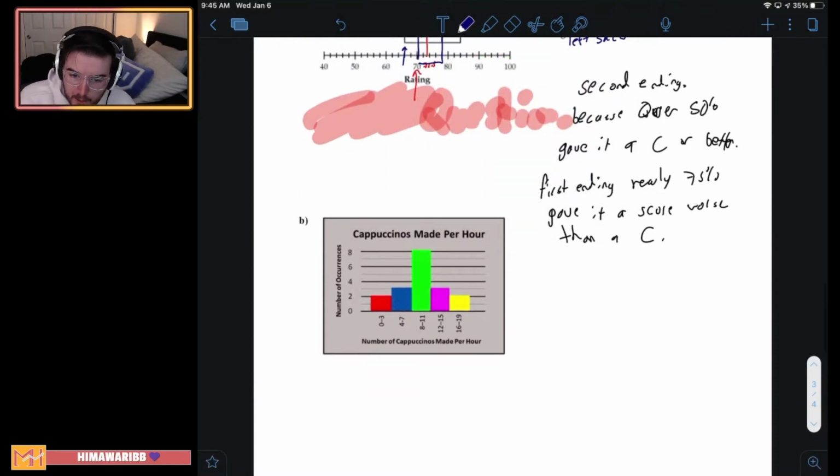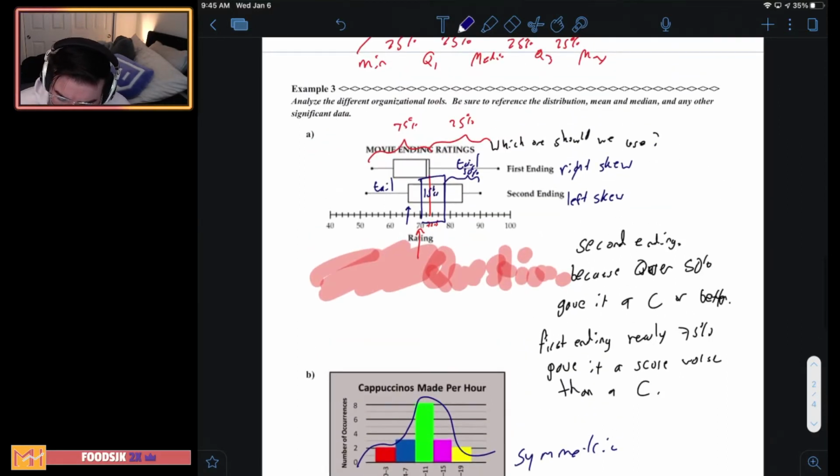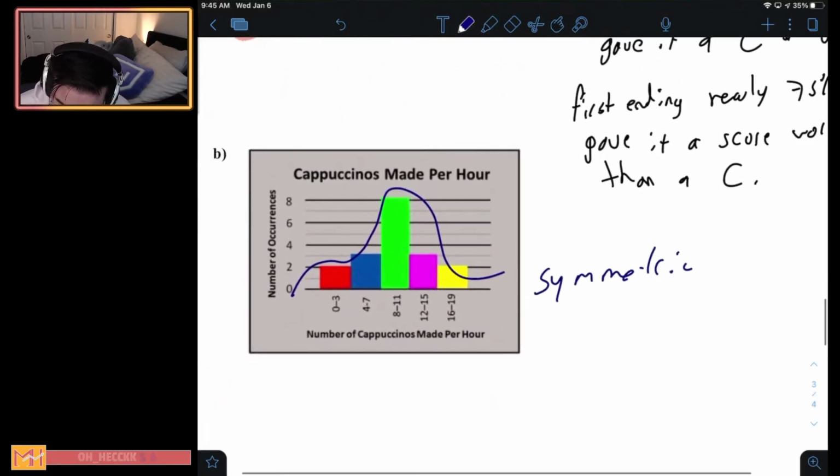Okay, and then this last one, real quick and real easy. What shape is this? Symmetric. And if we were to analyze this, right, if it's symmetrical, we would just say, I don't know. What is there to say about this? You could practically end the video here if you wanted to.